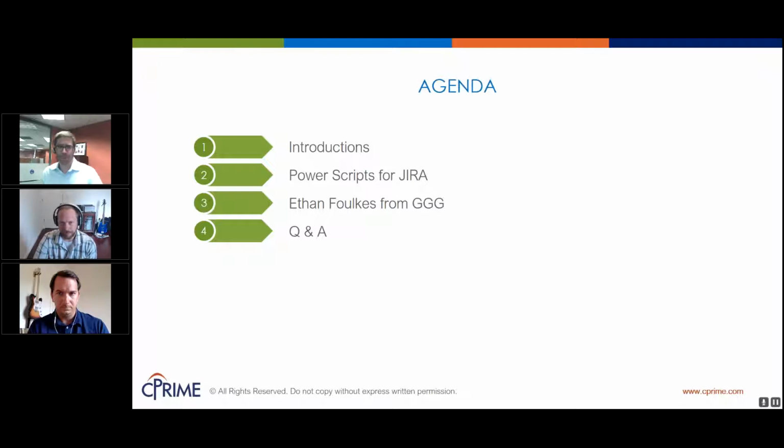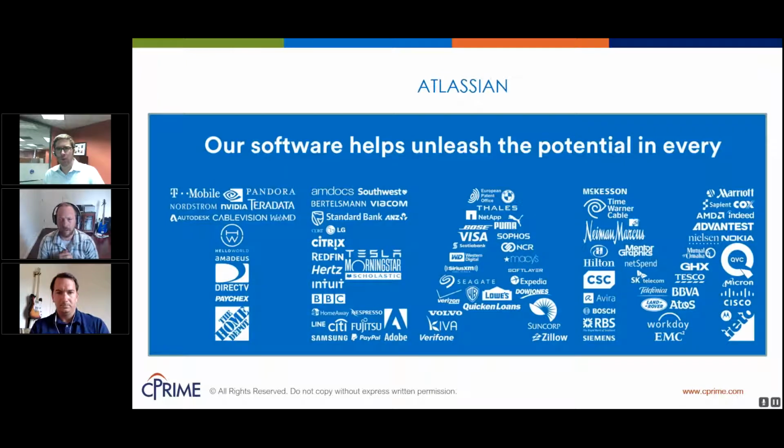So jumping right in, not knowing your proficiency with Jira, we have a pretty large audience. Some people might not be familiar with Atlassian. Atlassian is an enterprise software company, and their tagline is to say that their software helps unleash the potential in every team. They have a whole stack of applications down 3 primary tracks: planning and tracking.